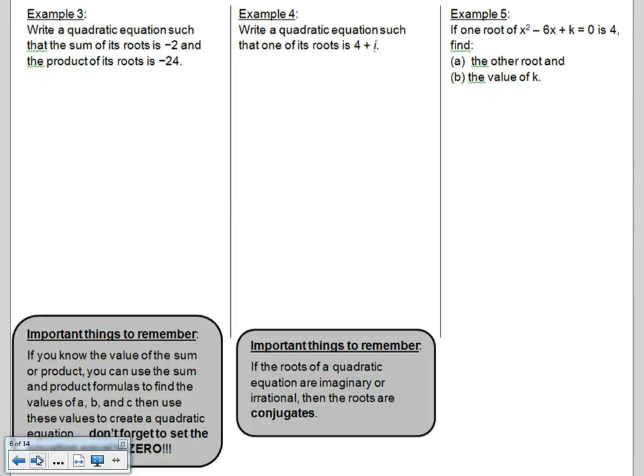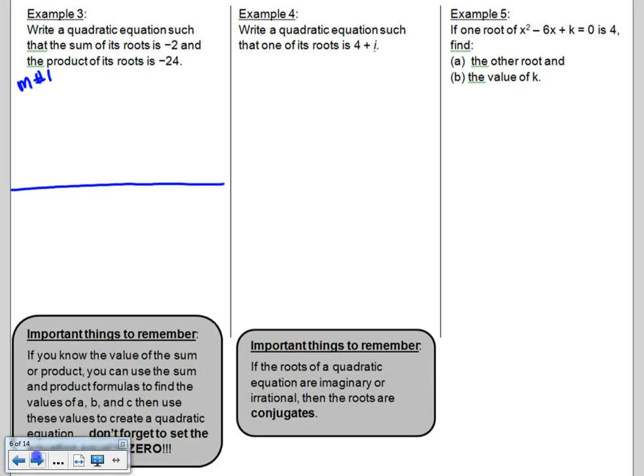So basically that is telling me that the two answers are going to add up to negative 2 and the two answers are going to multiply to negative 24. Now we can do this in one of two ways. Method 1. If I know that the sum is negative 2, I know that it has something to do with the negative B over A formula.